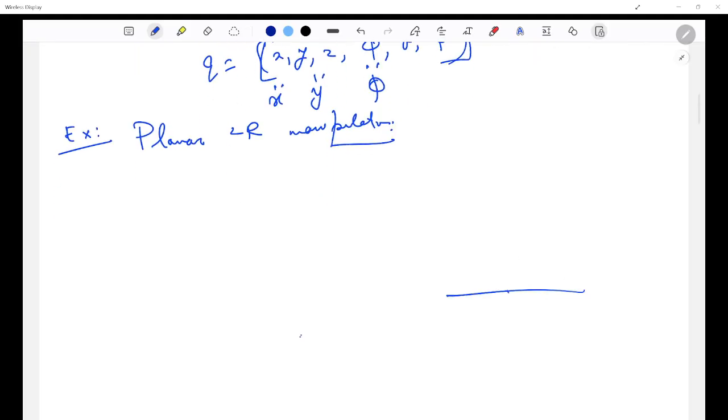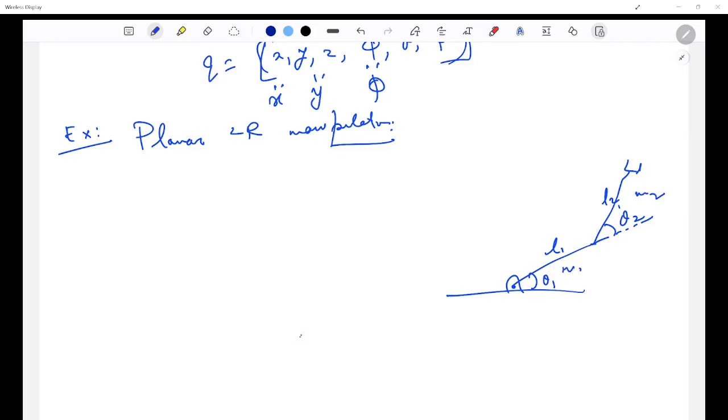Let's say your manipulator is like this. It has an end effector here. This is theta 1 and this is theta 2. Let's say this link is L1 and this link is L2, and the corresponding masses are M1 and M2.